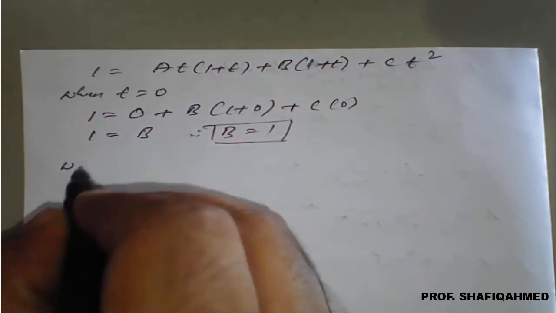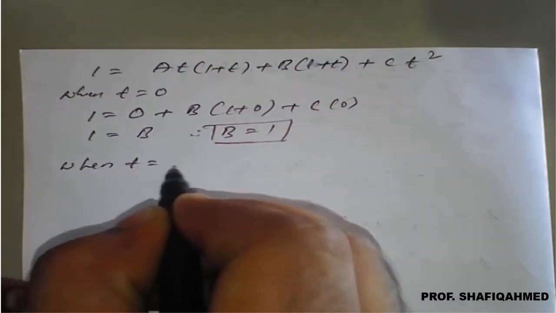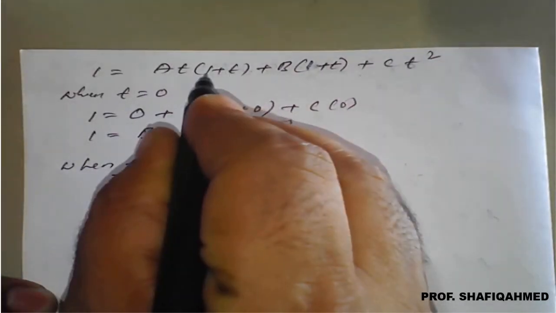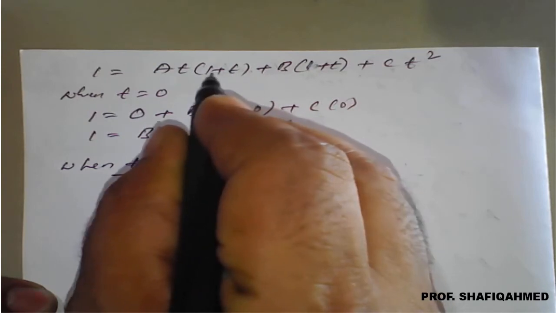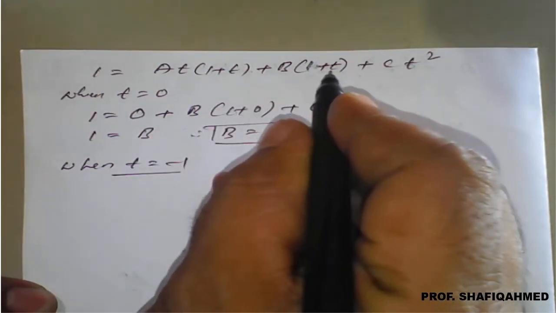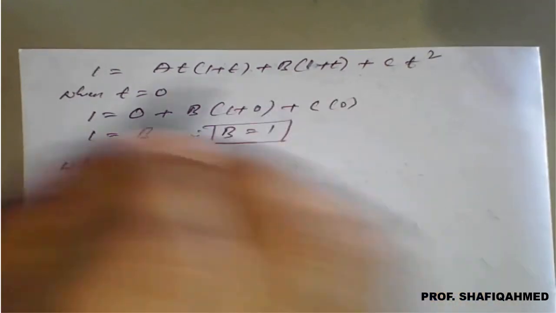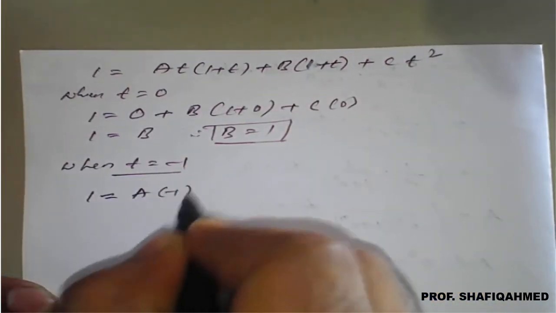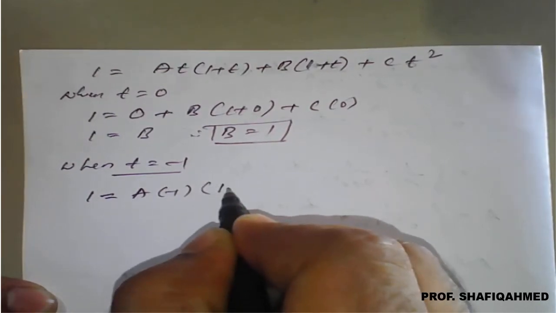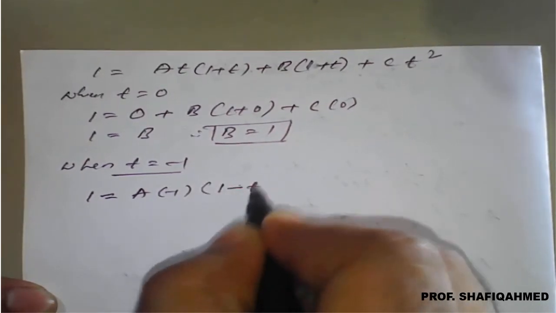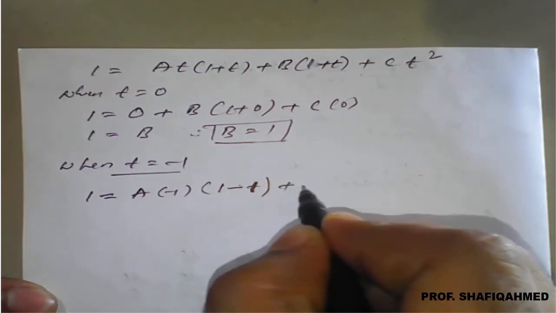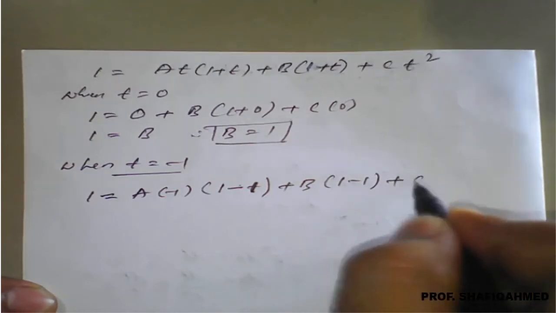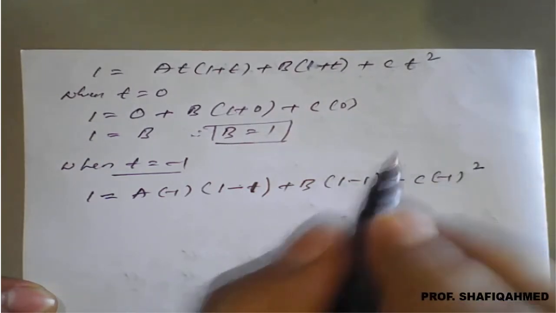Now when t is equal to minus 1, so what happens, we'll see. To make this 0, put t is equal to minus 1, plus 1 minus 1 is 0, so that I'm using here. So 1 is equal to a into minus 1 into 1 minus 1 plus b into 1 minus 1 plus c into minus 1 square.